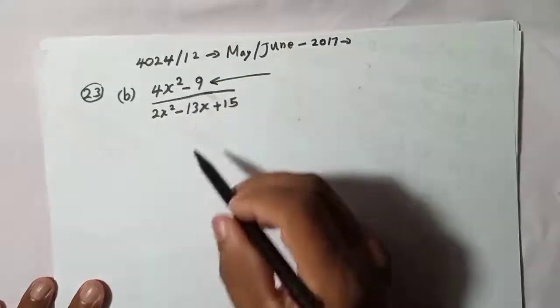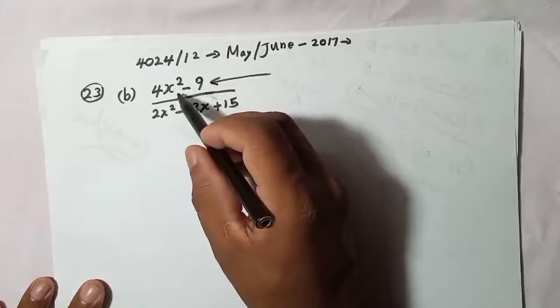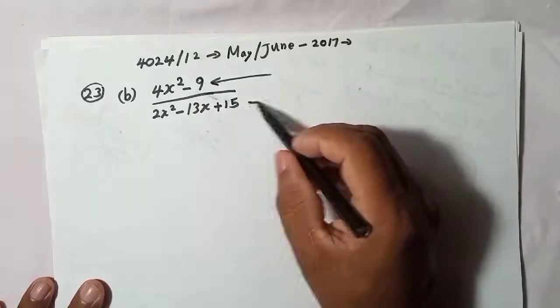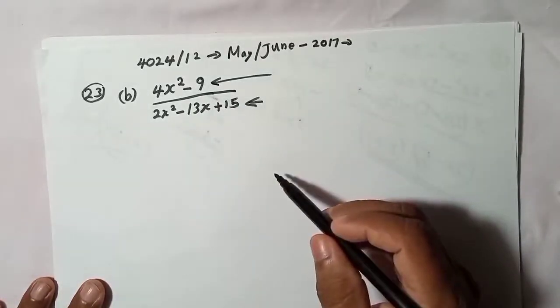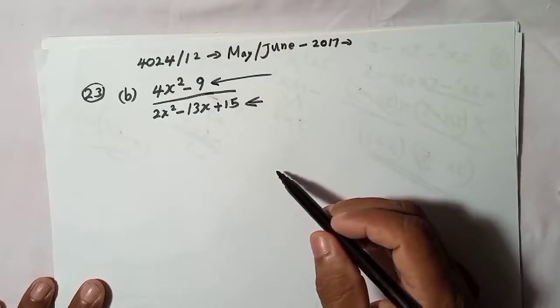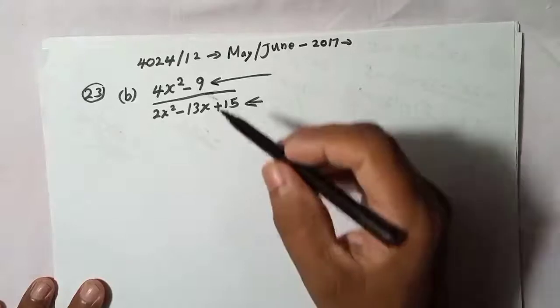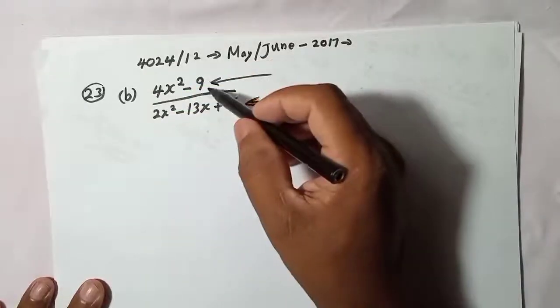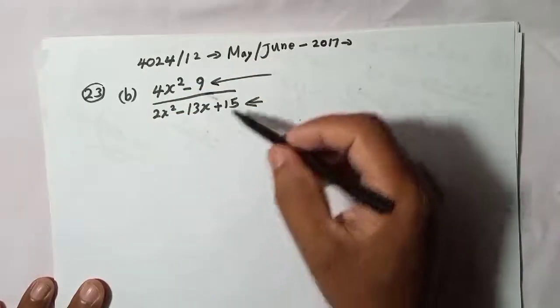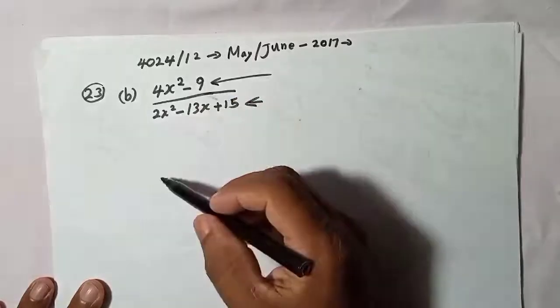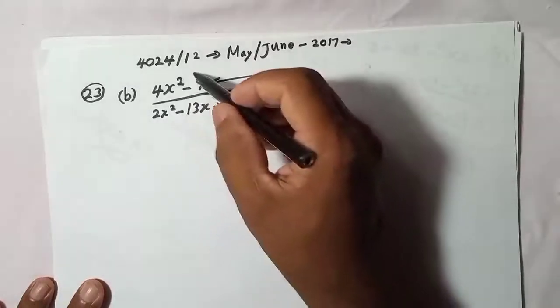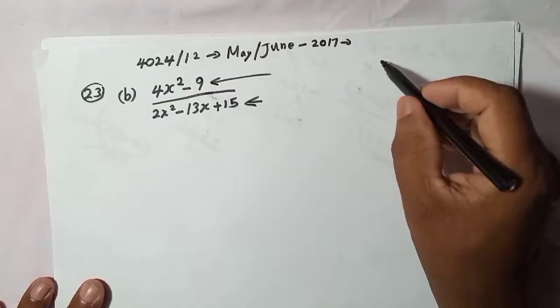This is a difference of two squares, with that you can factorize, and this, like we discussed in the previous video, is a trinomial expression. You have to factorize this, and for this you should write it in factors form. So I will show you how to factorize again.